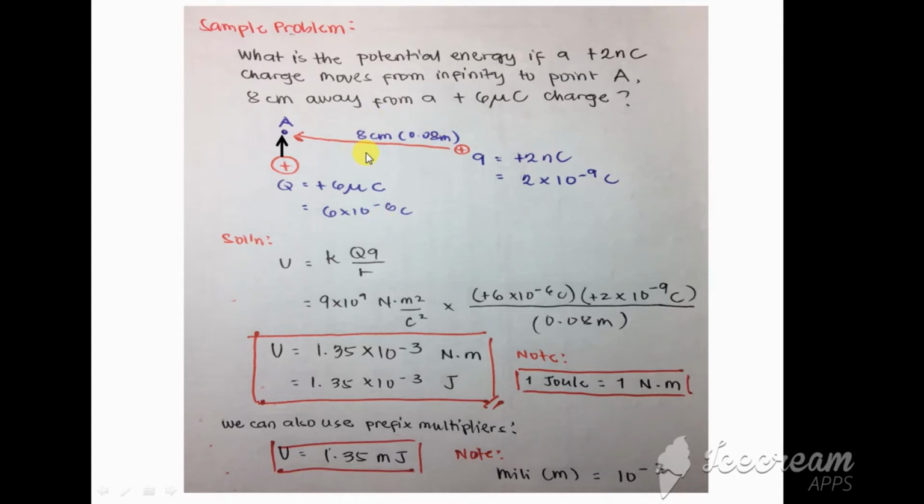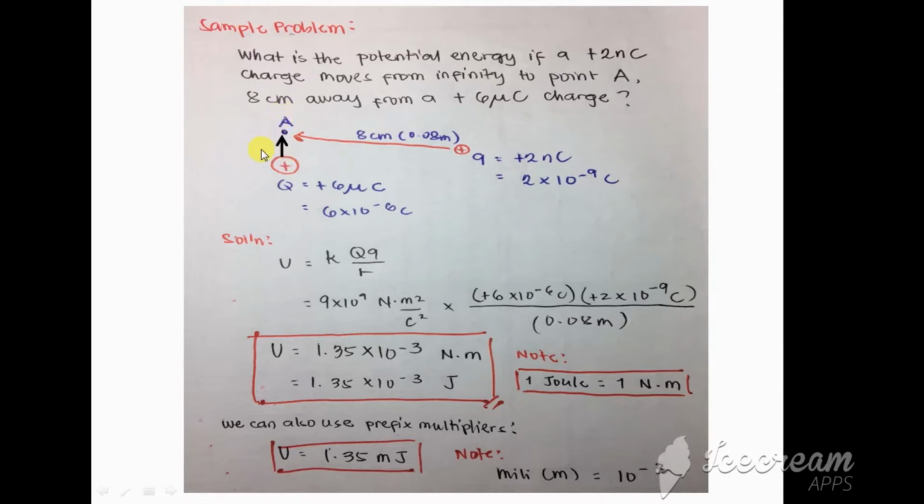Now, the 8 centimeters here should be on the black arrow, because the small q here is the charge that came from infinity and then moved to point A. So it is from somewhere at infinity, then it moves to this point here, point A. And point A is said to be 8 centimeters away from the point charge.